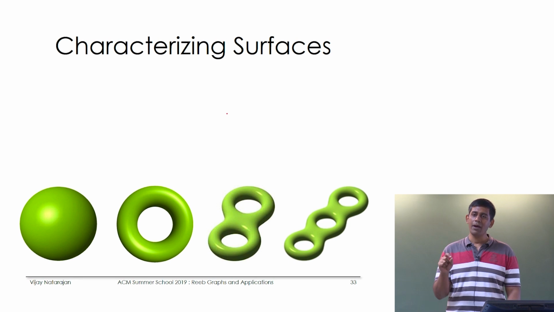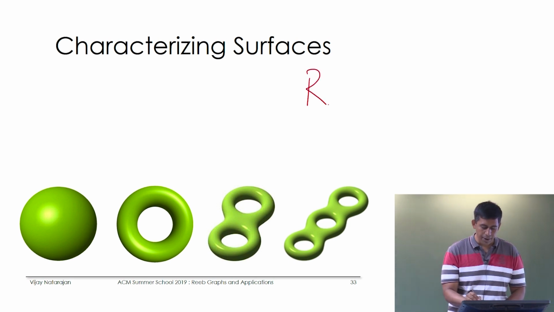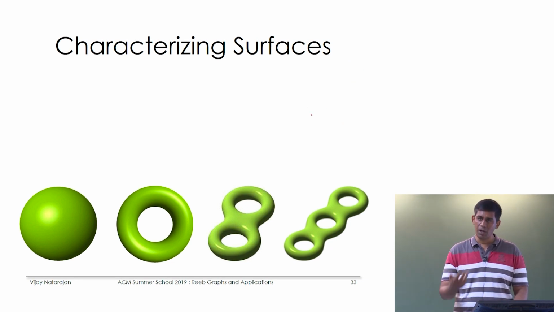So, remember, the Reeb graph R is always defined for a function. It is not defined for a domain, it is defined for a function. If you give me a function that is defined on a domain, I can construct the Reeb graph for you, or I can define the Reeb graph for you. So, it is defined for all functions.